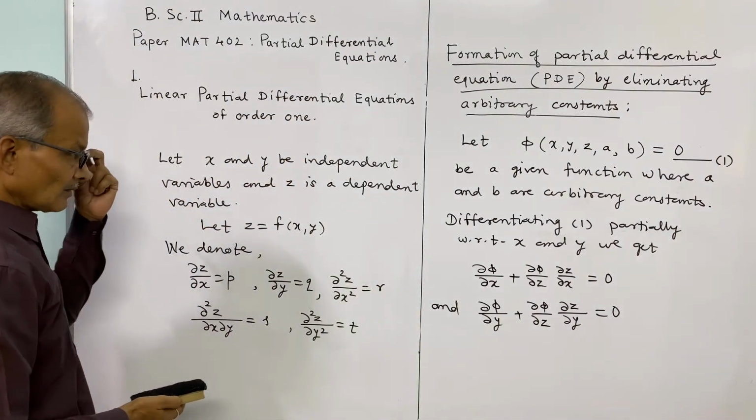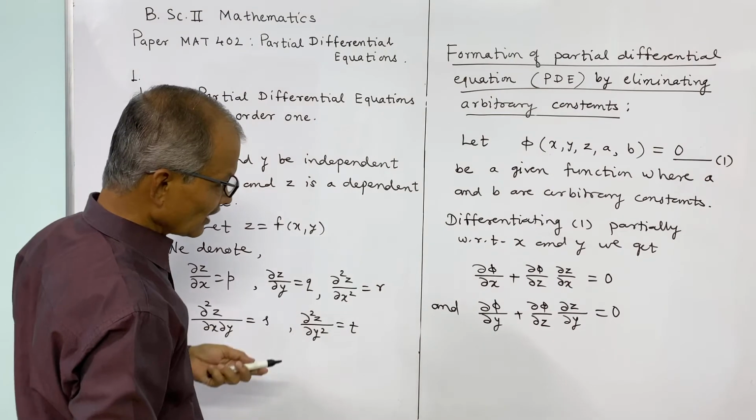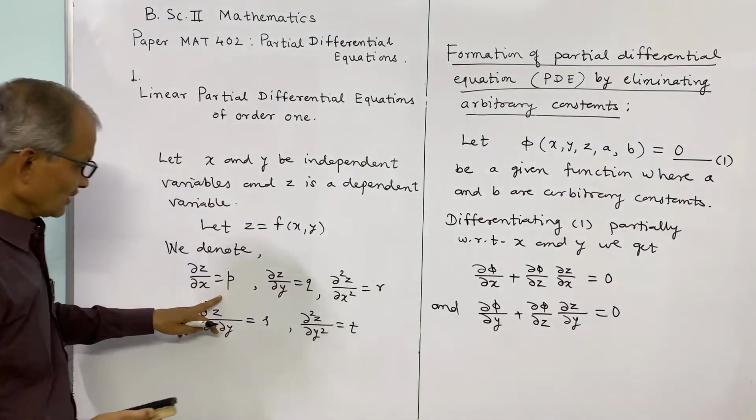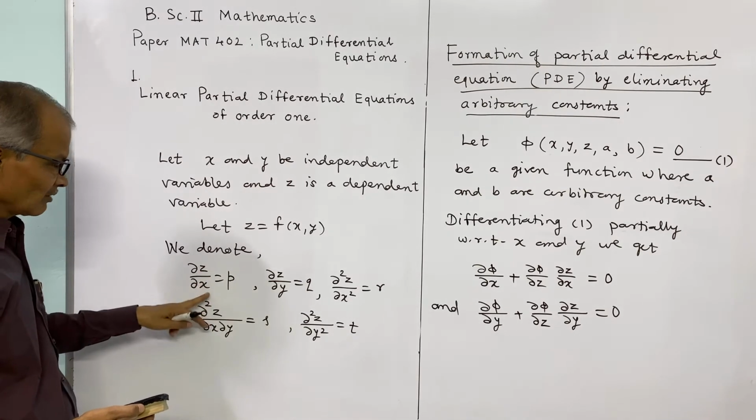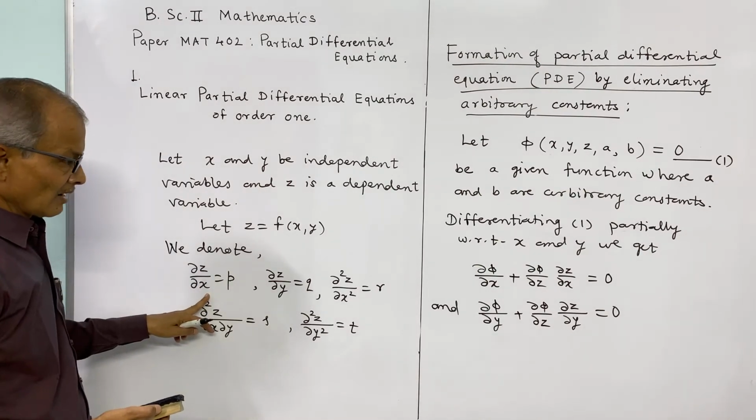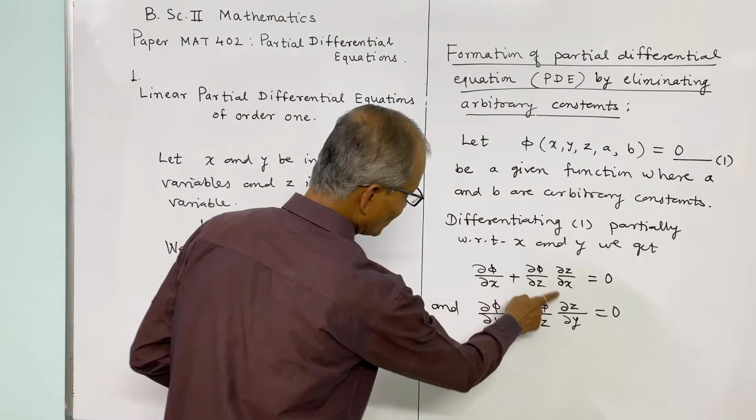Now what should be considered is this notation. We have dou z by dou x, the partial derivative of z with respect to x, is p, and this is q.